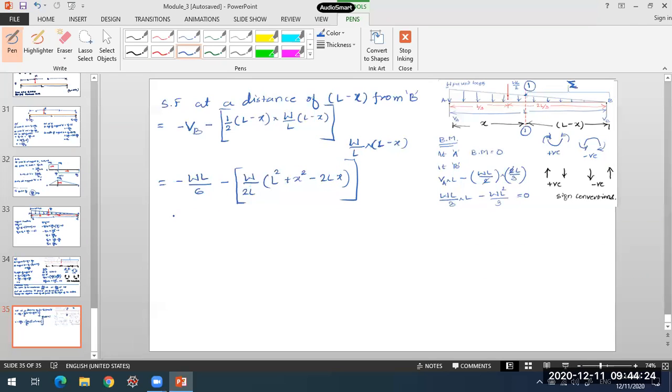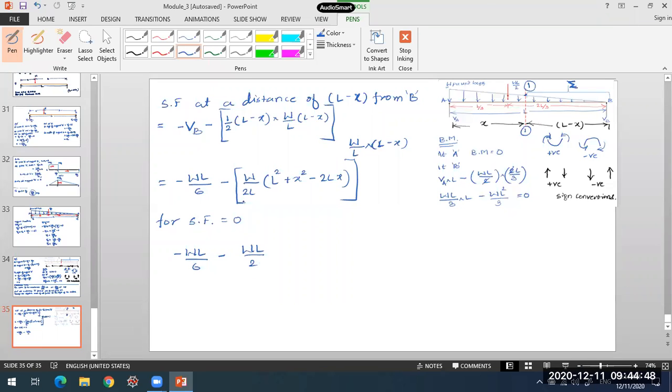Finally, for maximum bending moment, we need the shear force to be equal to 0. This equation should come out to 0. Or I can write minus W into L by 6, minus W into L by 2.